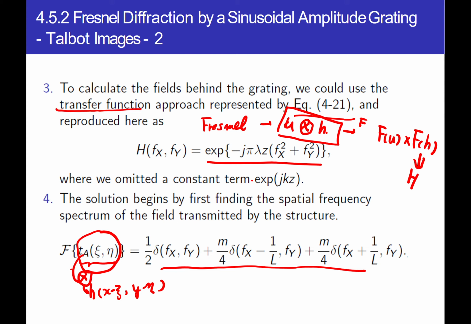And then we have found that the transfer function for Fresnel diffraction is given this way. And we note that FU is given by this one. So in the Fourier domain, we just multiply them together and then do the inverse Fourier transformation, and we get the convolution, which is the Fresnel diffraction integral.